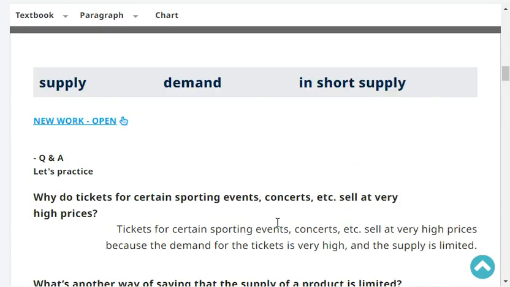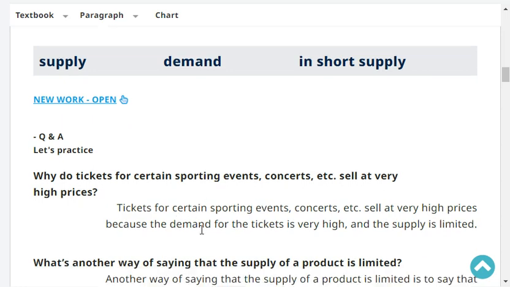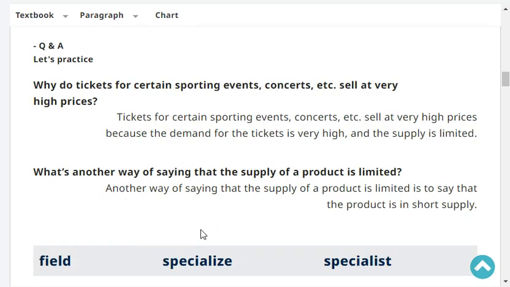Good. Why do tickets for certain sporting events, concerts, etc. sell at very high prices? Tickets for certain sporting events, concerts, etc. sell at very high prices because the demand for the tickets is very high and the supply is limited.